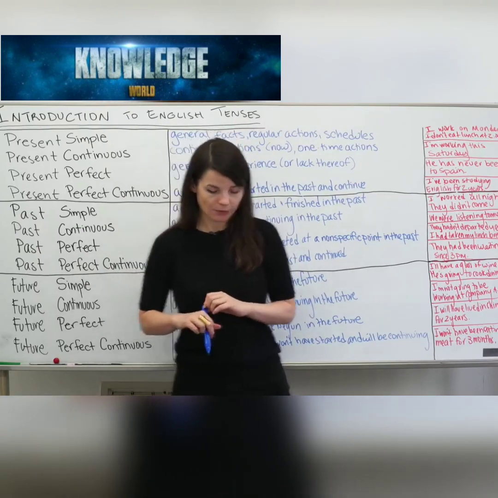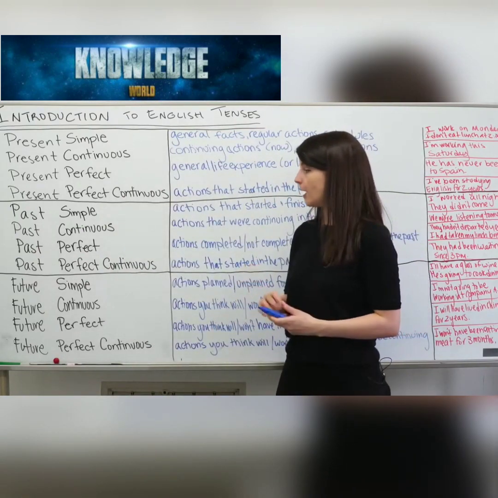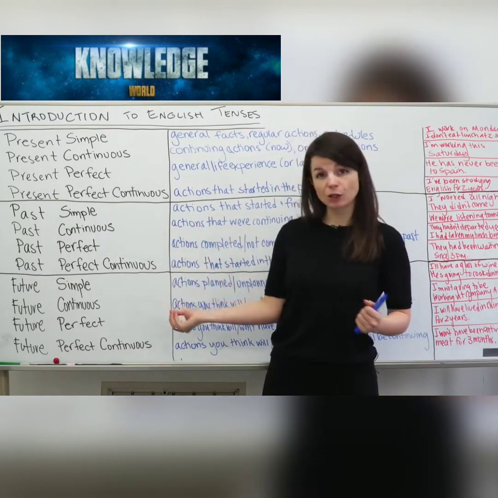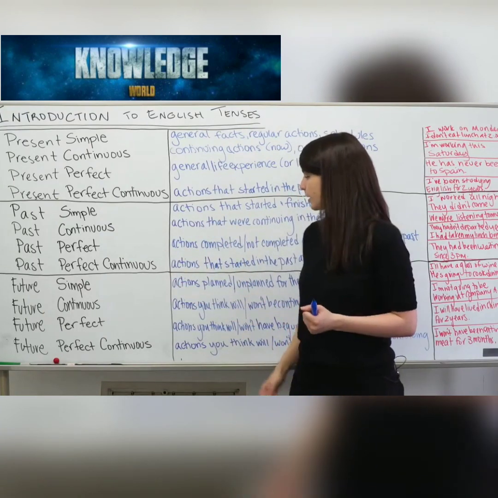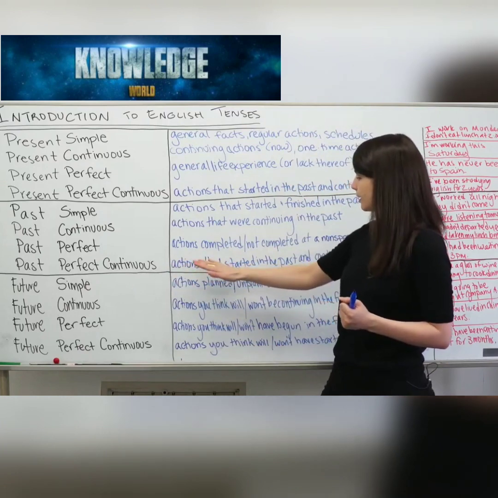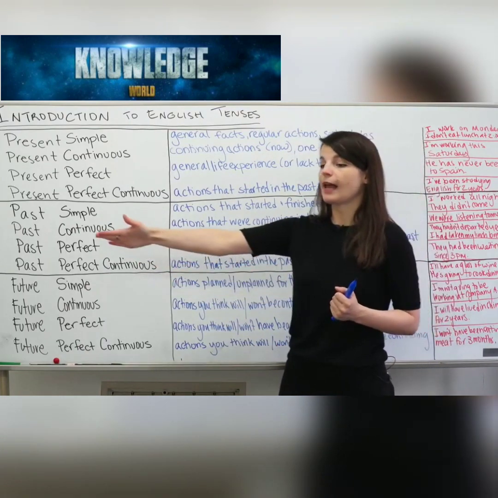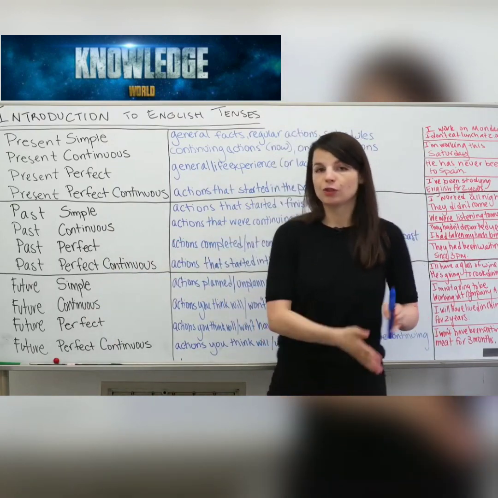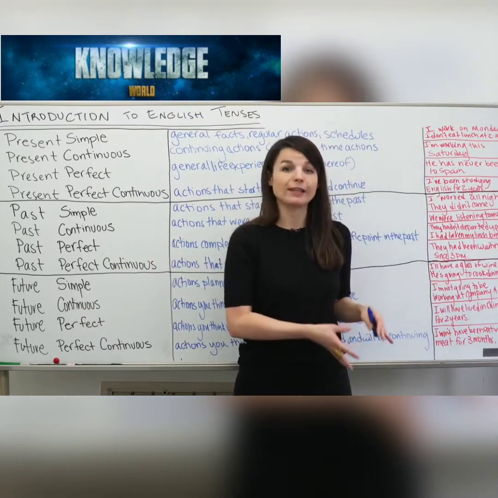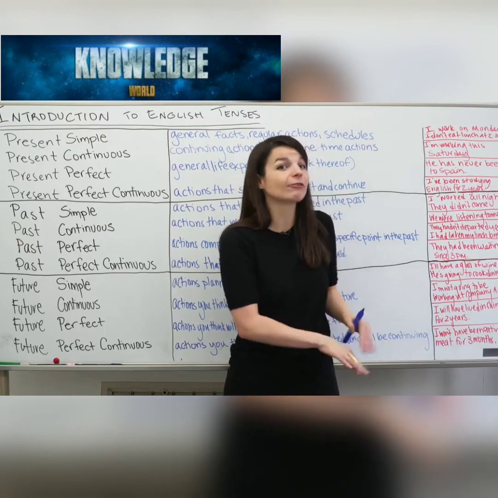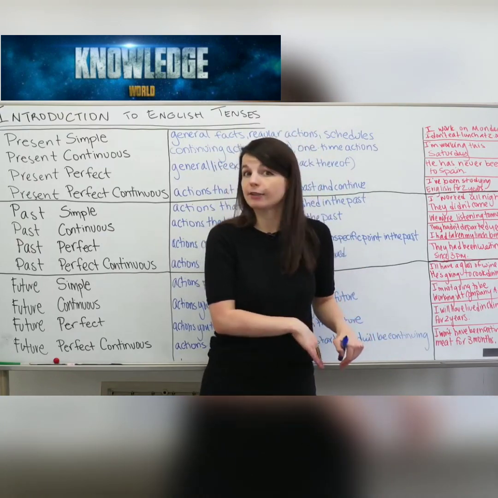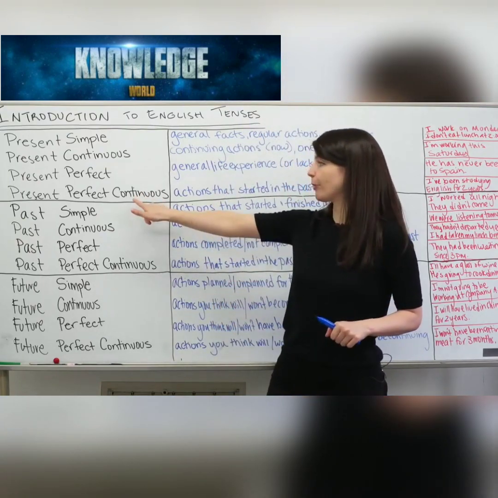Okay, let's move on then to another challenging point, past perfect continuous tense. These are sentences or questions for actions that started in the past and continued to an unspecified point in the past. So the action has finished as well. That's a key difference with the present perfect continuous.